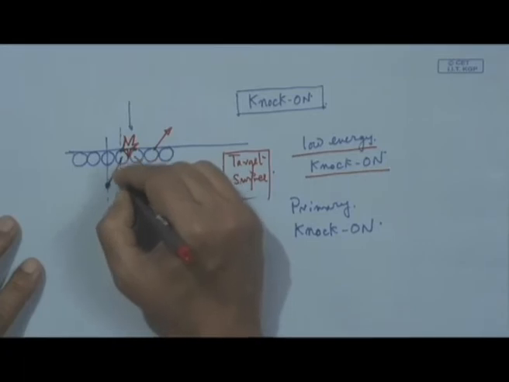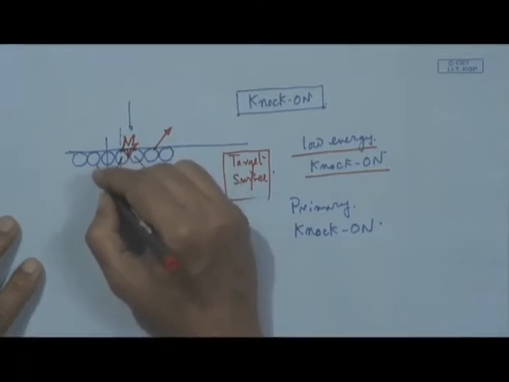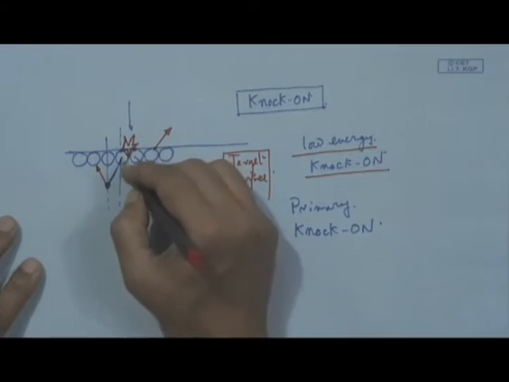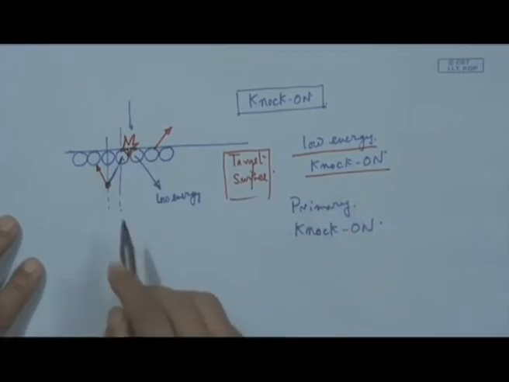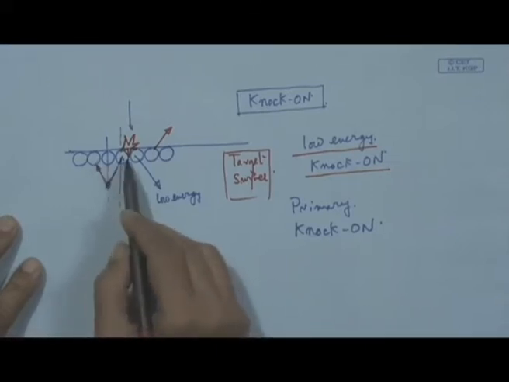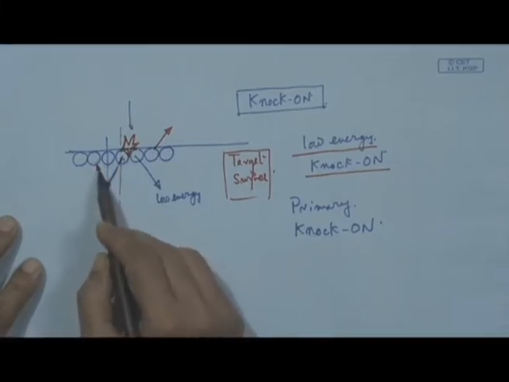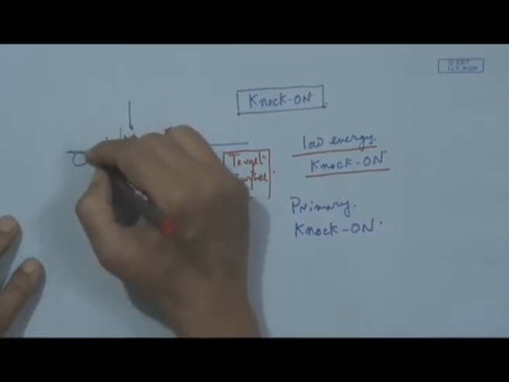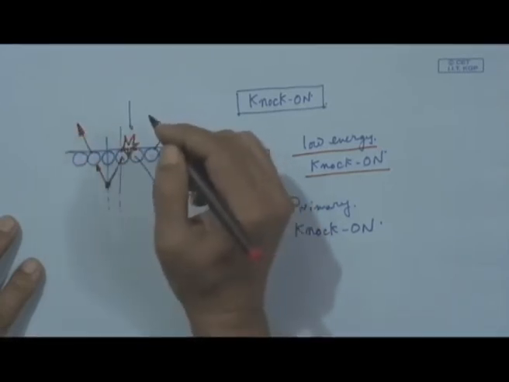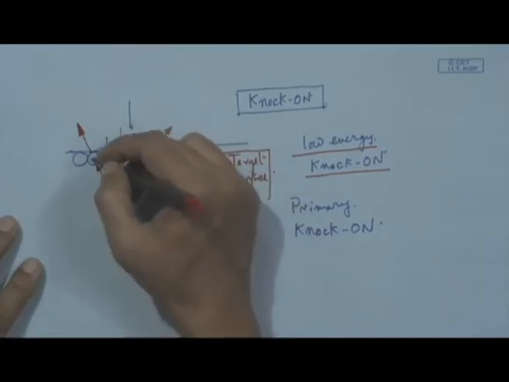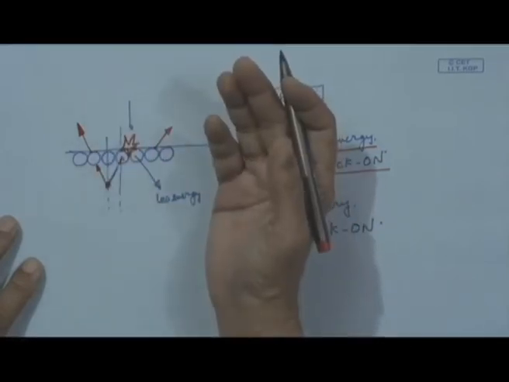And during this reflected movement this atom, which is representing this primary knock on, is going to hit this atom from the back. So, from the rear, it is going to strike it, and as a result it also has every chance to get released, liberated, and this is an ejection of the atom.